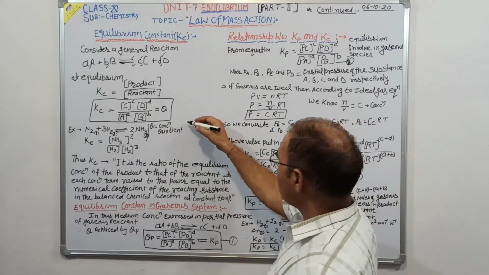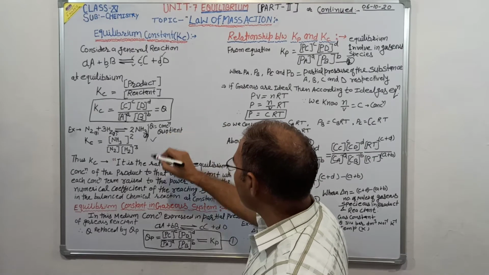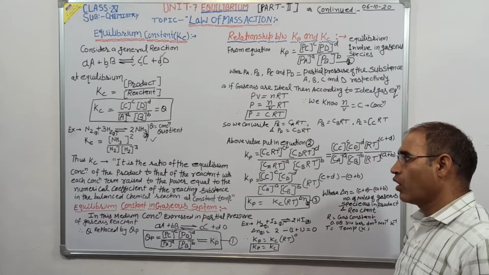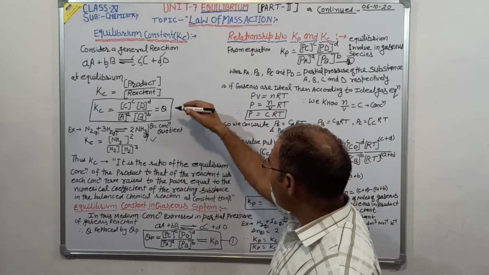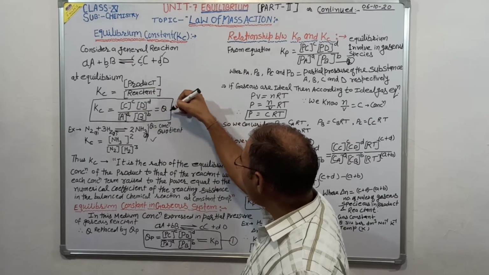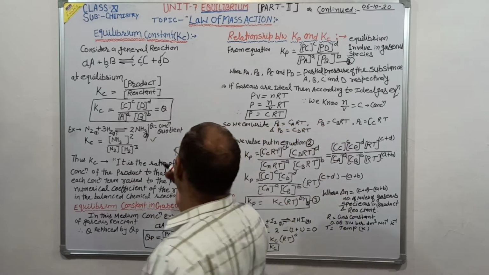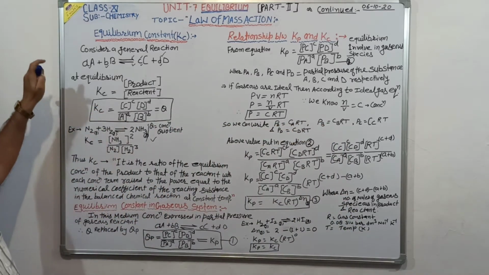We can easily understand this by an example. Before this, Kc is equal to Q, the concentration ratio.